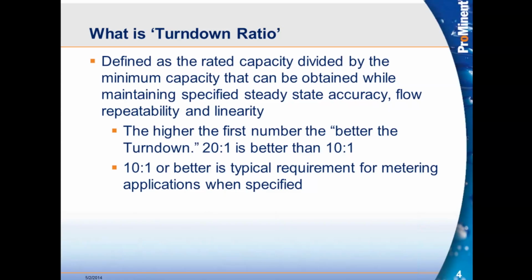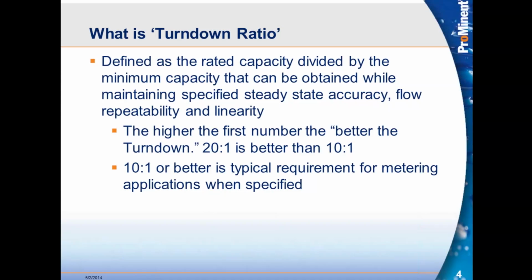So obviously, the higher that first number is, the better the turndown. We can essentially use that number and divide our rated capacity by that, and that's going to be our minimum capacity that we're saying we can turn it down to.